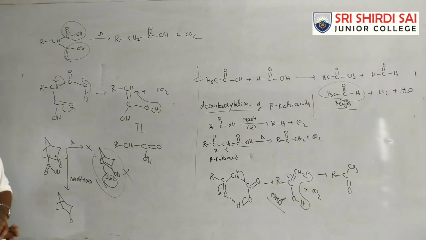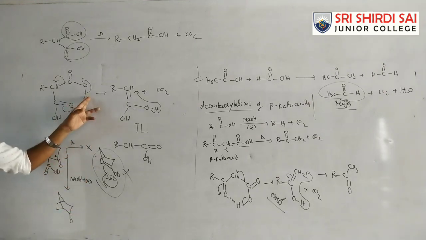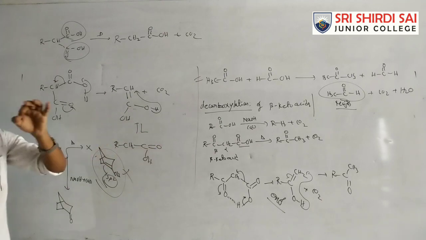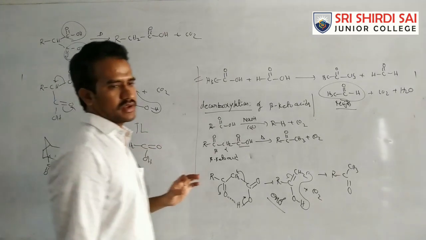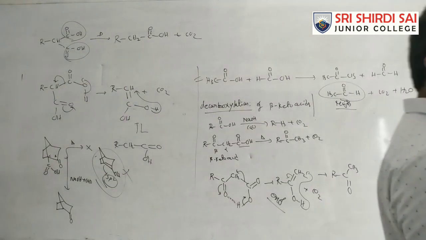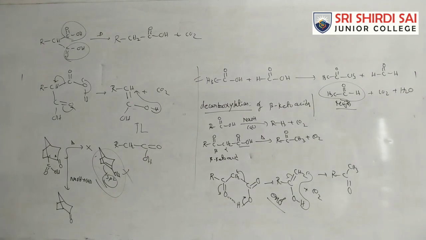Simple. 1,1-dicarboxylic acids and beta keto acids on heating undergo decarboxylation. It's a very important point in second year chemistry. Remember that one. In many different areas we are discussing this type of decarboxylation, so first write down this one.